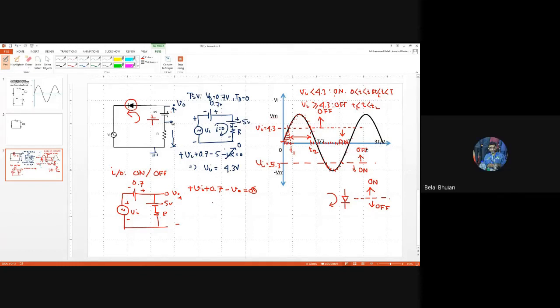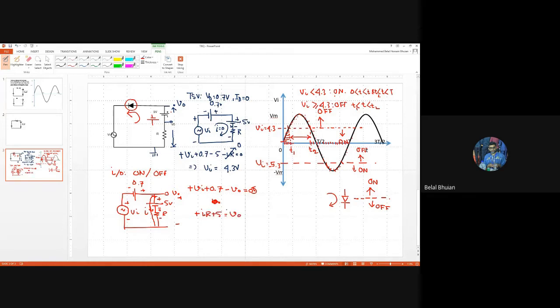So V0 is nothing but, if you apply KVL, let's say we have a current I flowing, plus, minus, and if you follow the path to determine V0, starting from the ground and going all the way to this terminal, following this path, we have plus IR plus 5 equals to V0.